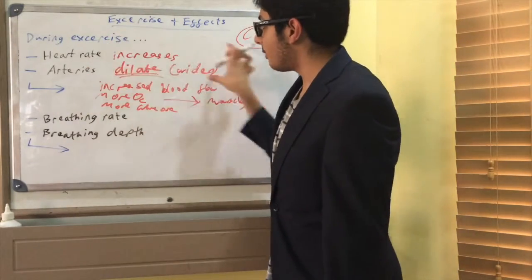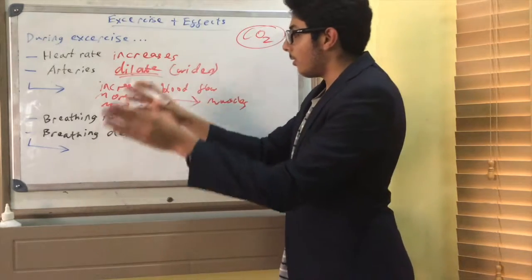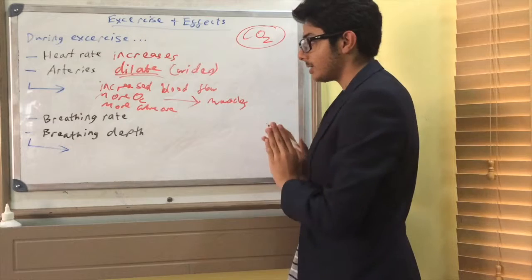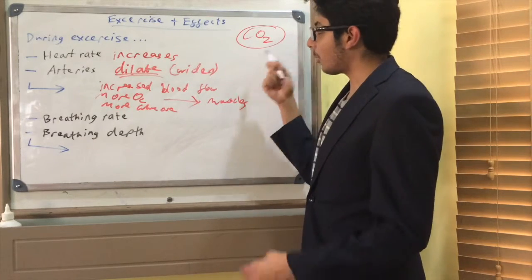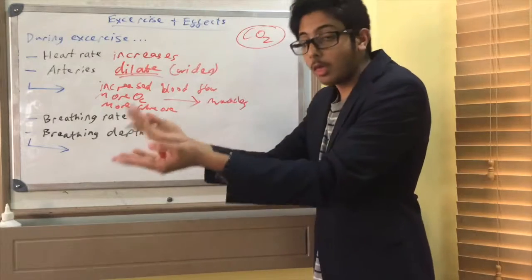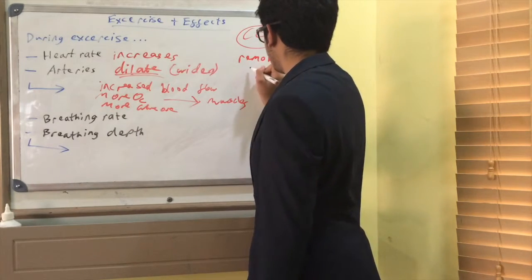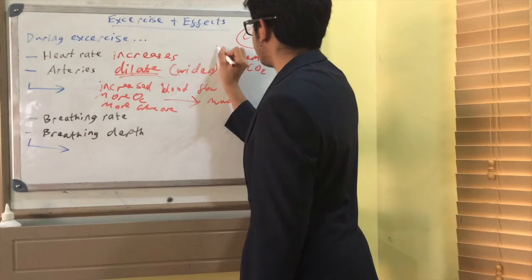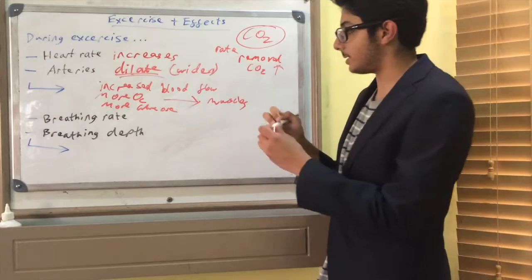So, with the heart rate increasing, the arteries dilating, more blood flow to the muscles, but also the removal of carbon dioxide is faster. So the rate of CO2 removal increases.